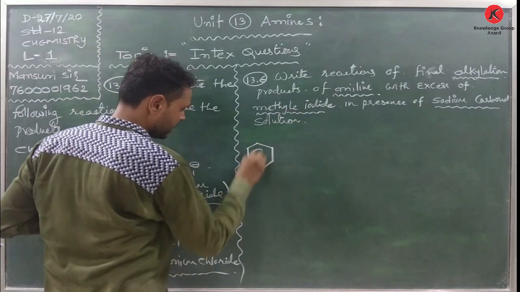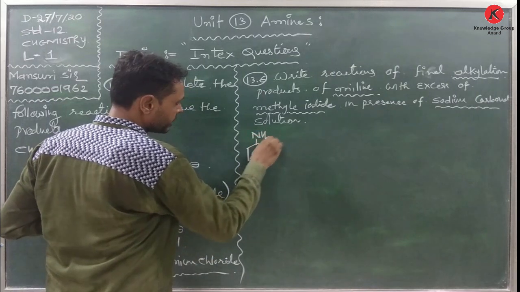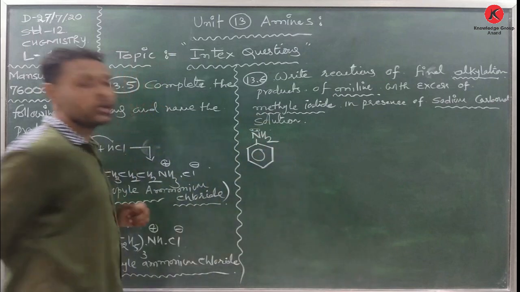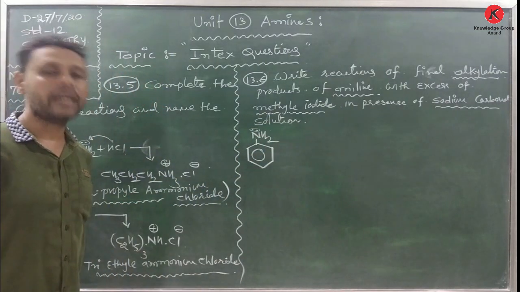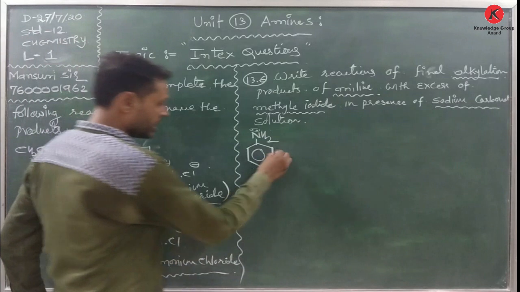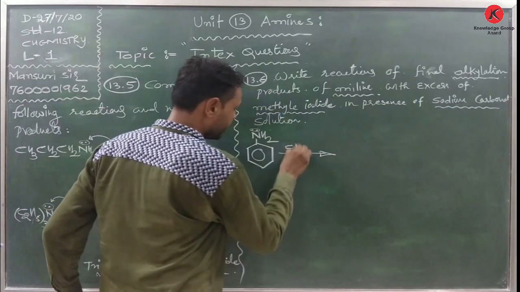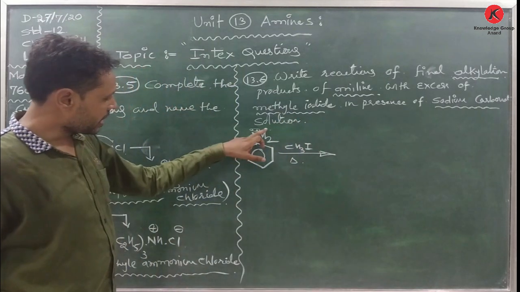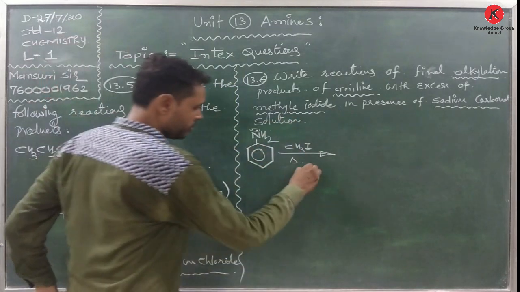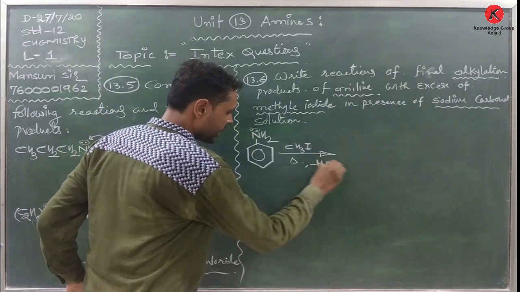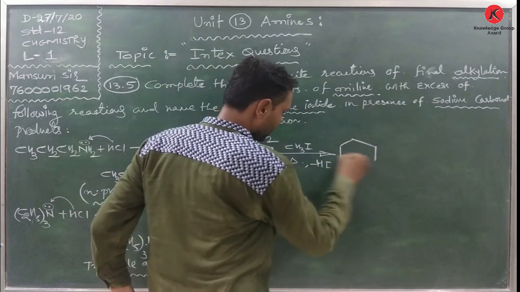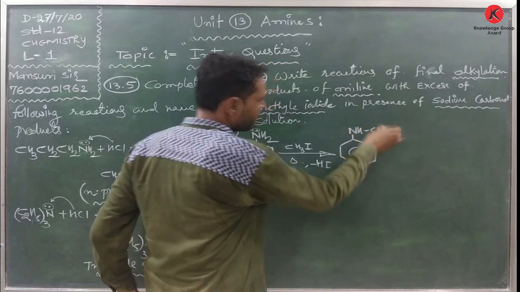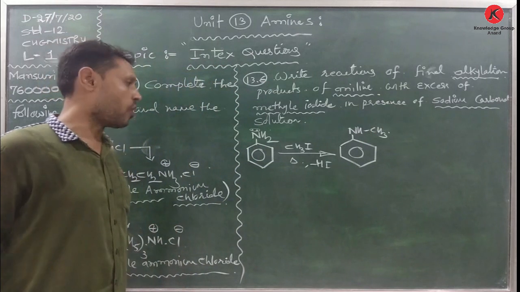This is my aniline, the ring containing NH2. You know very well that there is electron density on nitrogen due to the lone pair of electrons of NH2. Now aniline reacts with methyl iodide. That is why H and I will be removed, so an alkyl aniline, that means N-methyl aniline, is formed.